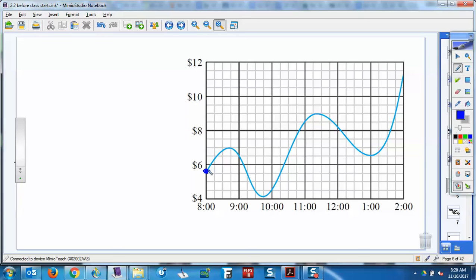Okay, 8 a.m. is this point, and 2 p.m. is this point. The average rate of change is that slope right there, right? You just subtract. Now, you're subtracting time, so that would actually be not 2 take away 8, but it would just be 6 hours, right? So that'd be 6 hours, and then whatever that rise is, right? So just rise over run, okay?